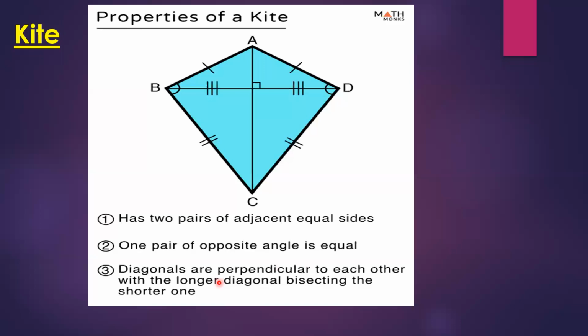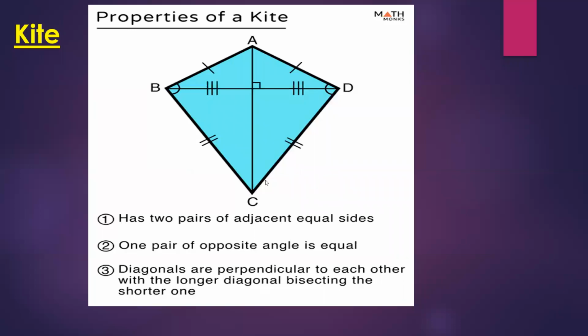What's the difference between a kite and a trapezium? A kite doesn't have any equal sides, and a trapezium has one equal side.